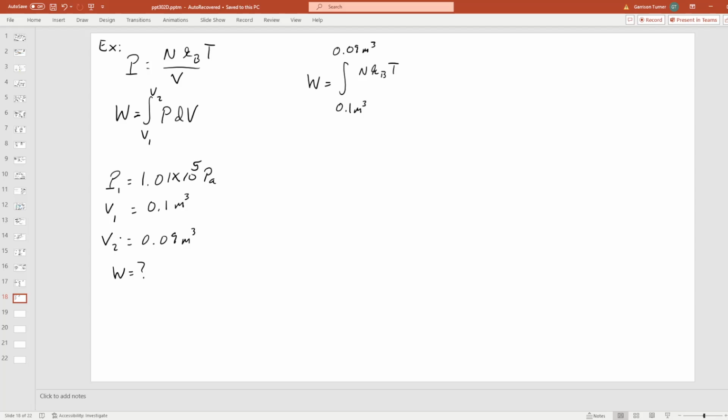So let's suppose that the system is kept in constant thermal contact with an isolated bath, and let's say, I don't know, 300 Kelvin. Okay, so the temperature in this particular example isn't going to change.